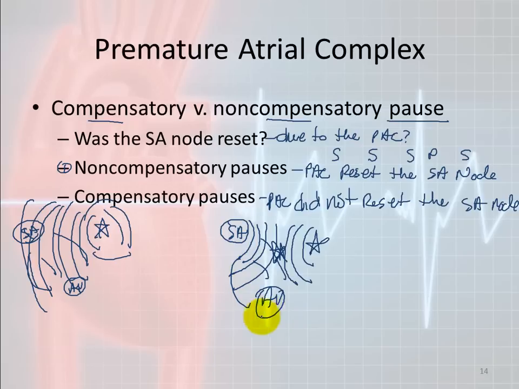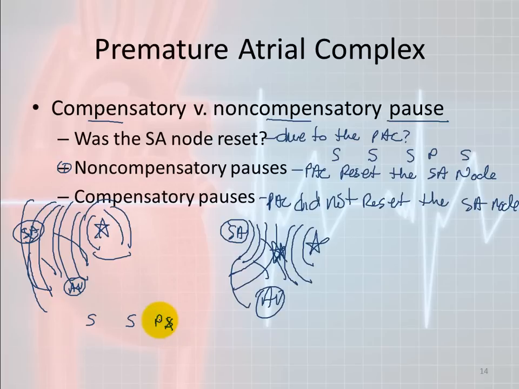So let me see if I can give you another example here. Let's say for the non-compensatory pause, the PAC reset the SA node. So we have a sinus rhythm here and a sinus rhythm here, and let's say you have a PAC right here. Now the next sinus rhythm is supposed to occur right here but it can't because the SA node actually was reset by the PAC.